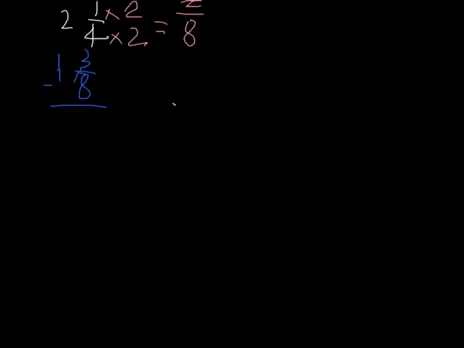So now 2/8 cannot be subtracted from 3/8. So we're going to take a whole number, and so that would be 8/8. And now we're going to add 8/8 to 2/8, which is going to give us 10/8.